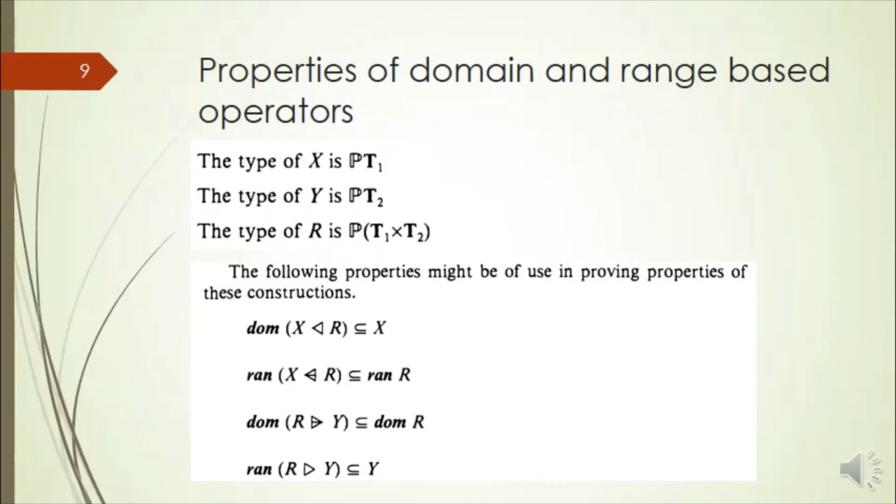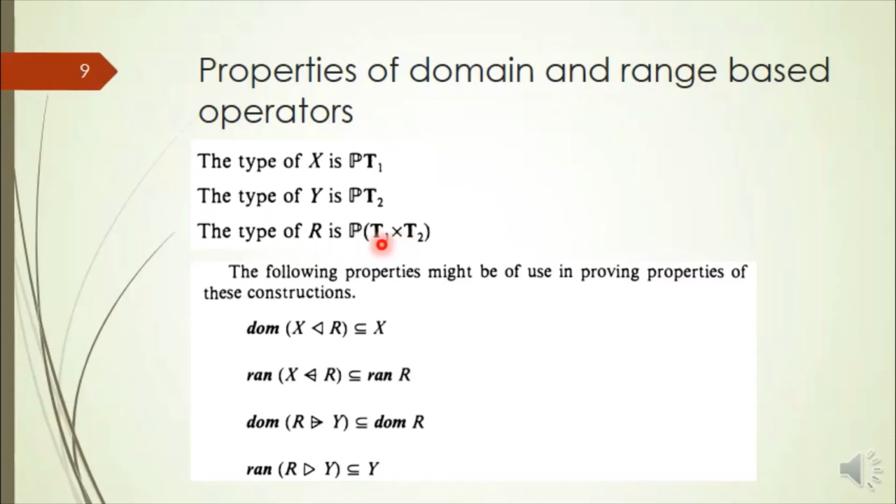Now we discuss some properties of domain and range based operators. Let's consider X is a type of power set of T1, or we can say that X is a subset of T1. Similarly, Y is a type of power set of T2, or we can say that Y is a subset of T2, and relation variable R is declared on T1 double arrow T2, or we can represent it as a set of all possible relations by taking the Cartesian product of T1 cross T2.